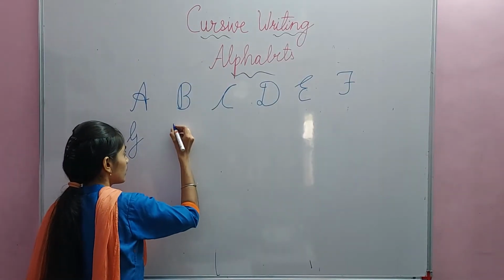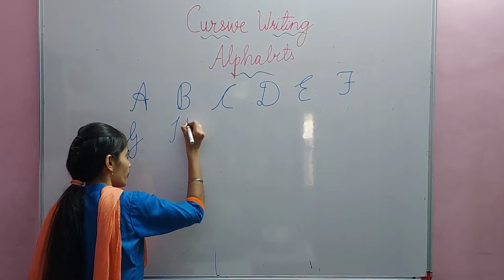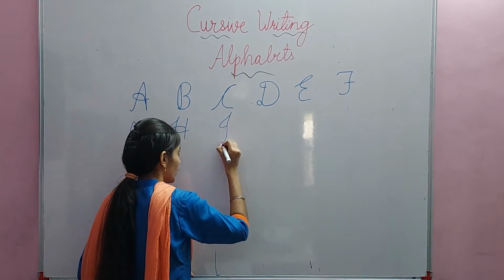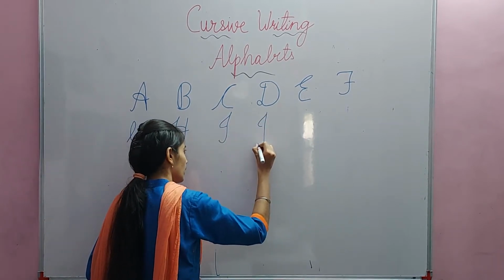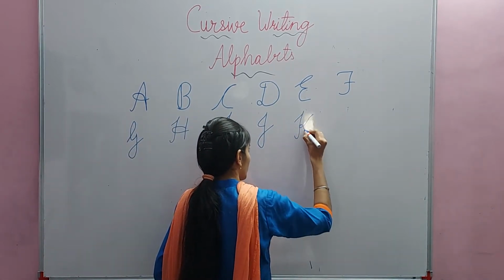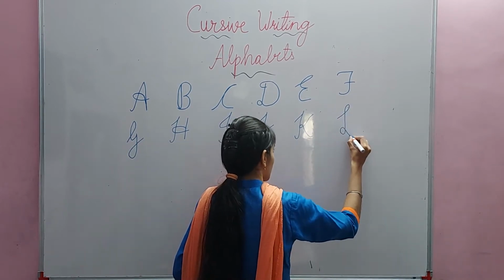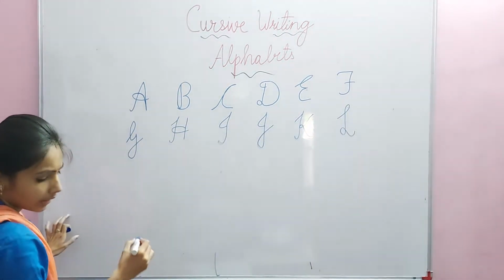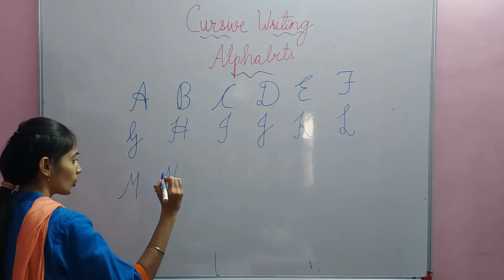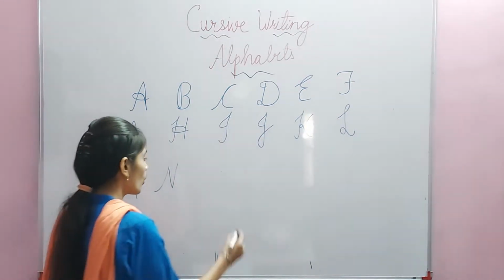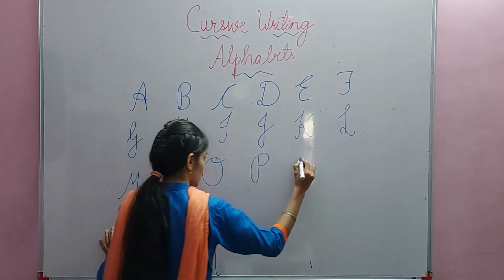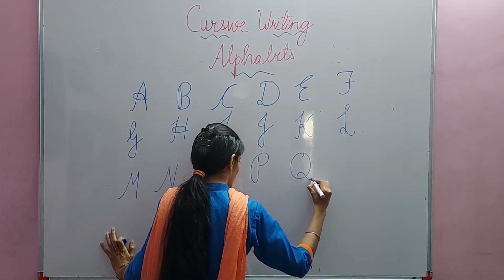Now G. Then H. I. J. K. L. Then M. N. Then we will write O. P. Q. How we will write Q?